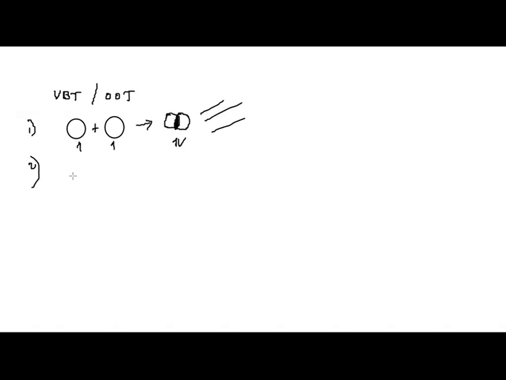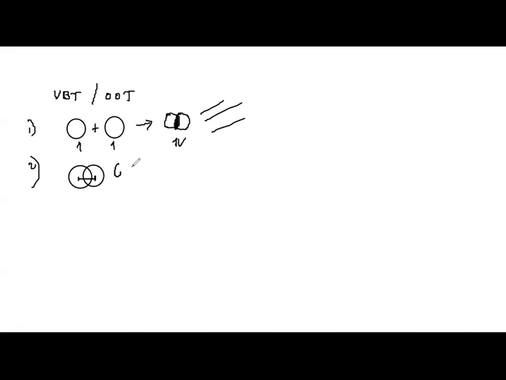Clear? Now, if the overlapping is more, what does that mean? Suppose this is the bond formed. If the overlapping is more, the bond length is less.